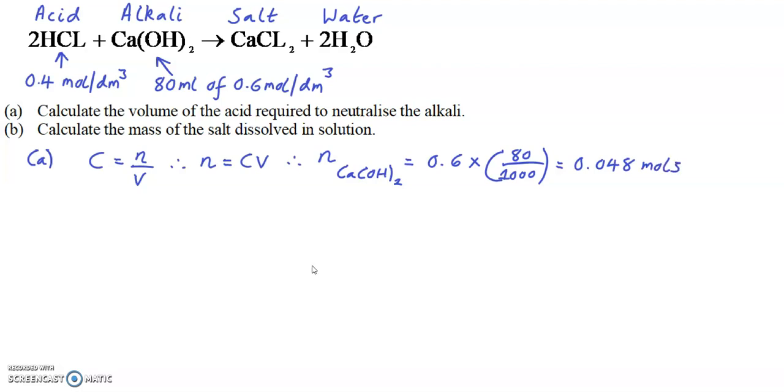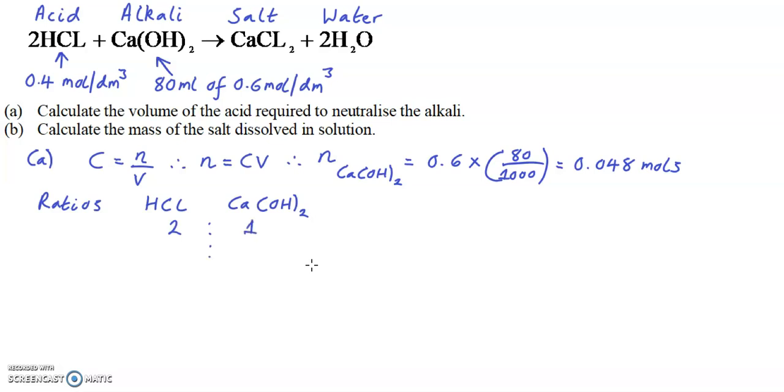Now looking at the balanced equation, we need to look at the ratios. So we're looking at the ratios of the reactants. So we've got HCl and calcium hydroxide. And then the ratio is going to be 2 to 1.